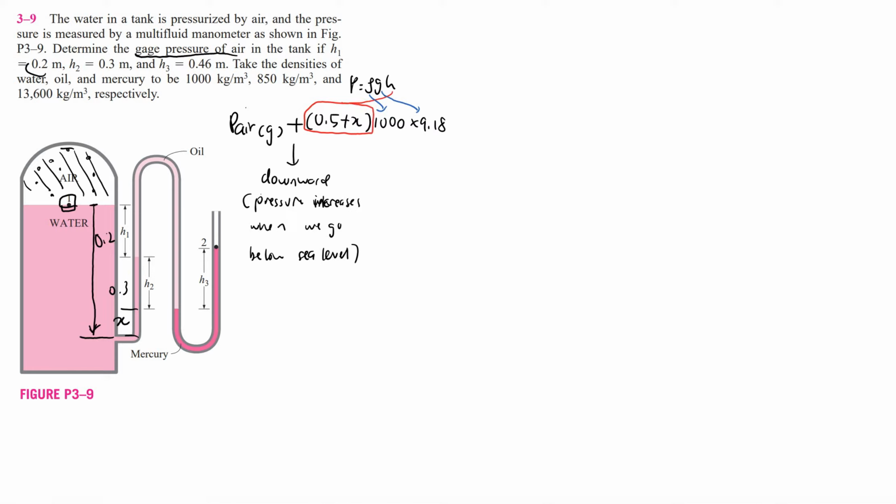Now you are here. From there, where do you have to swim? You have to swim upward. When you go upward, you have to minus, because once you go upward, the pressure decreases when you go higher. How far do you have to travel upward? You have to travel x plus 0.3. So minus x plus 0.3.